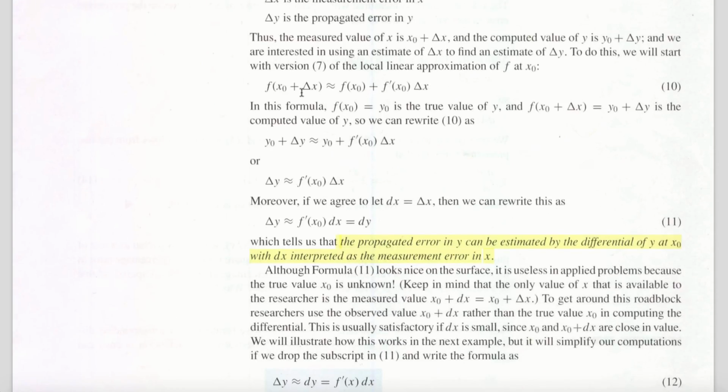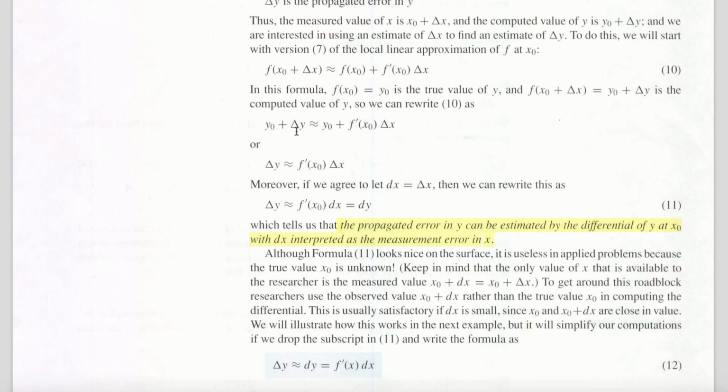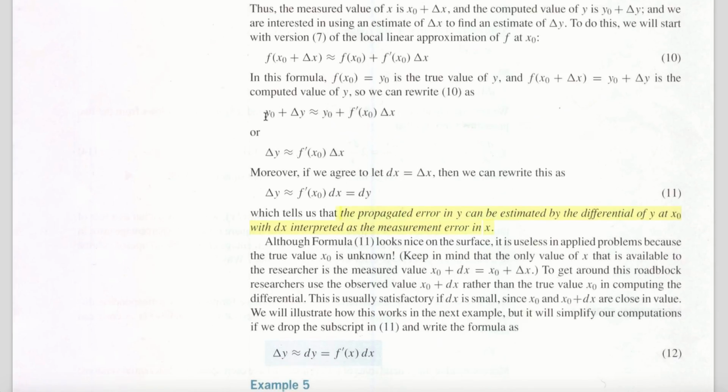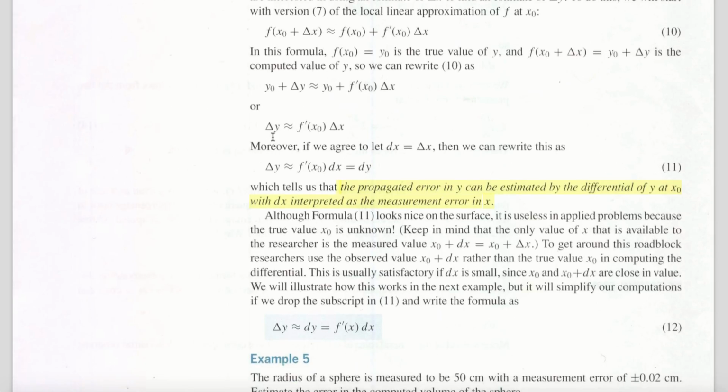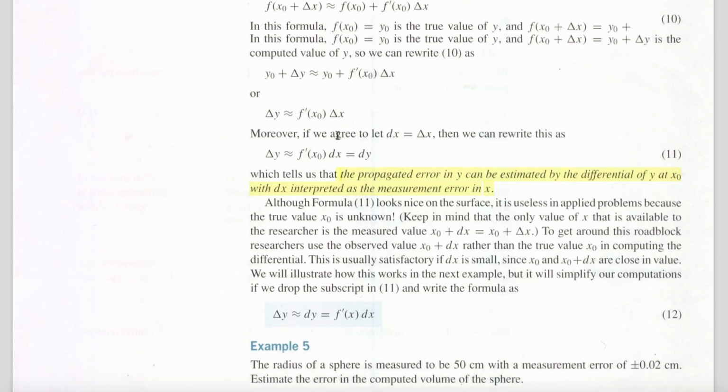f of x naught plus delta x is approximated by f of x naught plus f prime of x naught times delta x. In this formula, f of x naught is the same as y naught. So we can replace the left side in equation 10 with y naught plus delta y. Or we can simply say, subtracting y naught from both sides, delta y is approximately f prime of x naught times delta x.